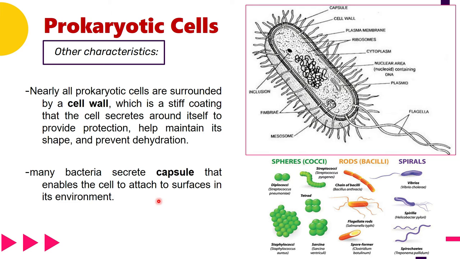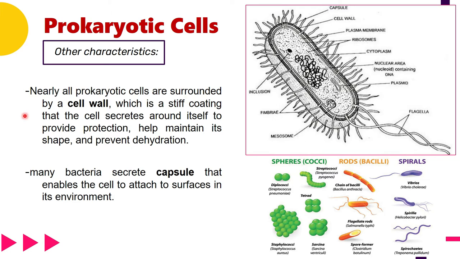But if you compare prokaryotes to other organisms, particularly multicellular organisms, multicellular organisms still have a longer lifespan. But in order to help the prokaryotic cell survive in its environment, I already mentioned the function of the cell wall. So the capsule also helps many bacteria to attach to surfaces in its environment.